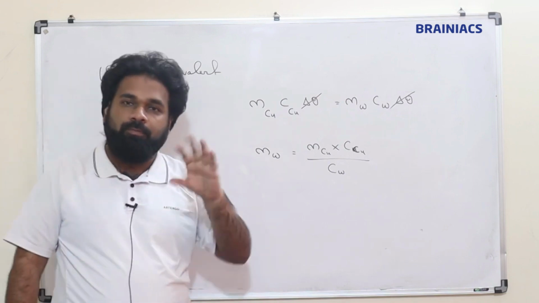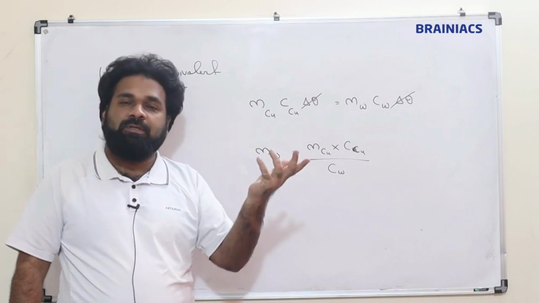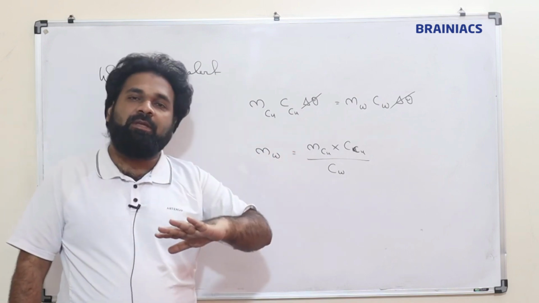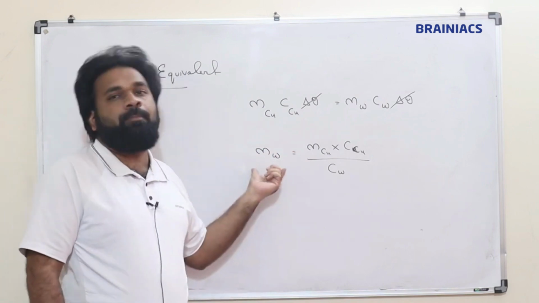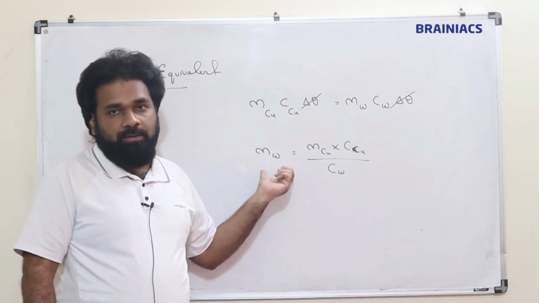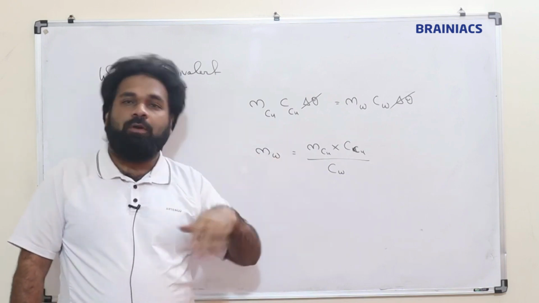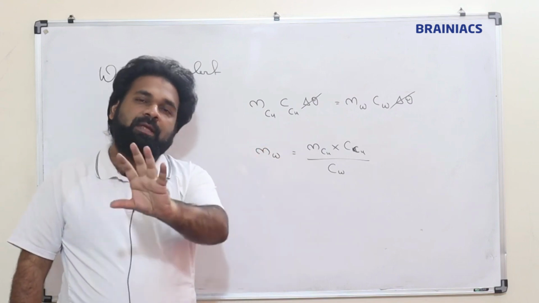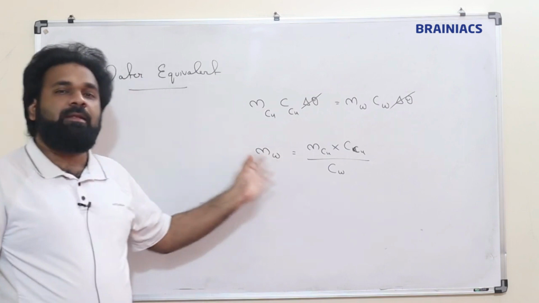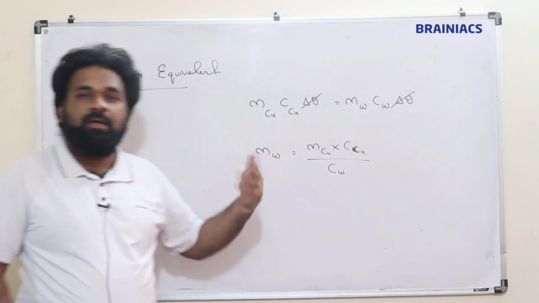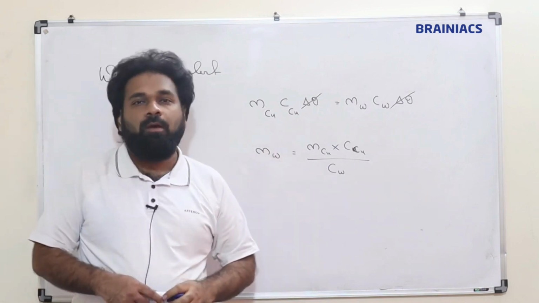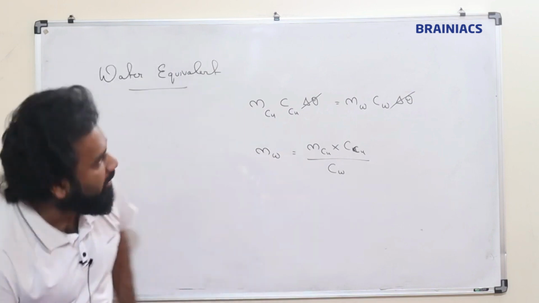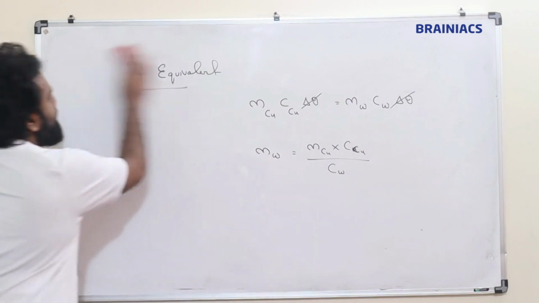Instead of calculating using some other substance and its specific heat capacity, we will be comfortable handling water. So they will say the water equivalent of this substance is so and so. Then that mass will be given, and the remaining things will be easy. We just solve it like we solve for water. That is what water equivalent is.